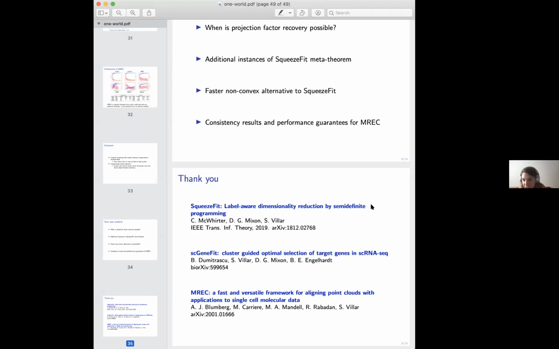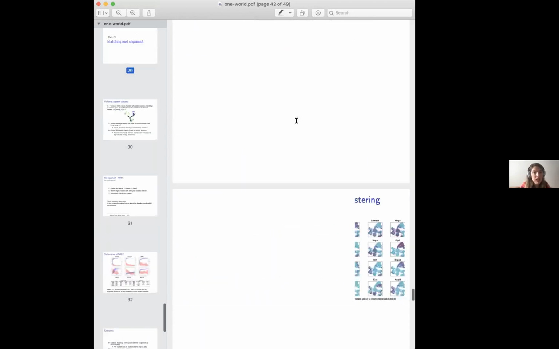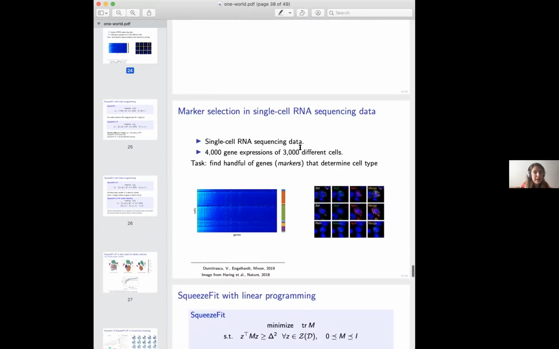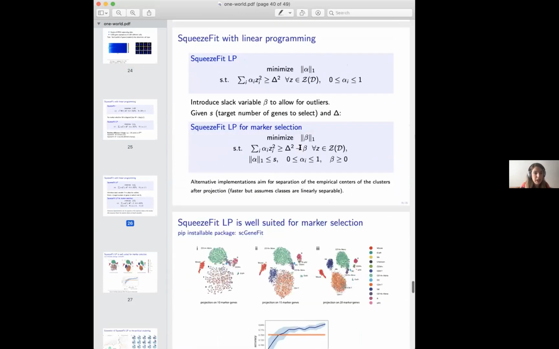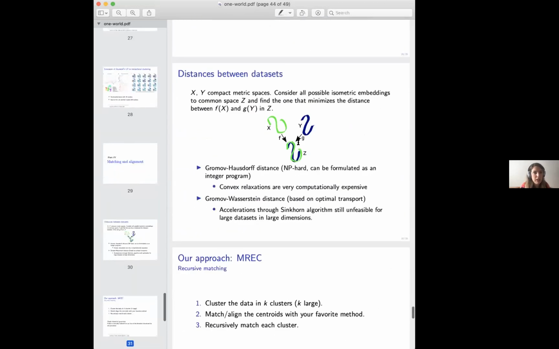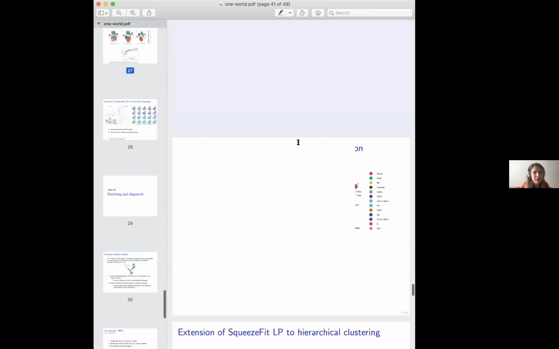There's a question in the chat by Roosevelt, that asks, how do you usually choose how many markers? For instance, I mentioned 20 as an example, but what if you need more markers? My answer would be from this plot.